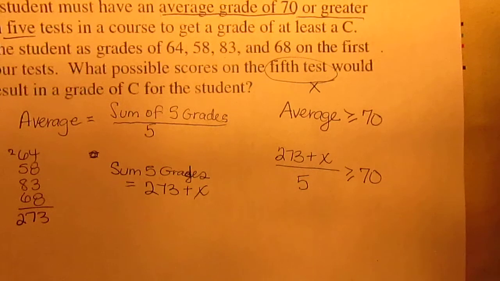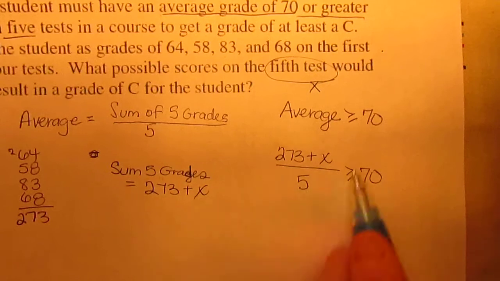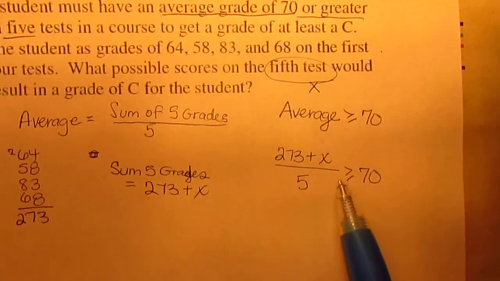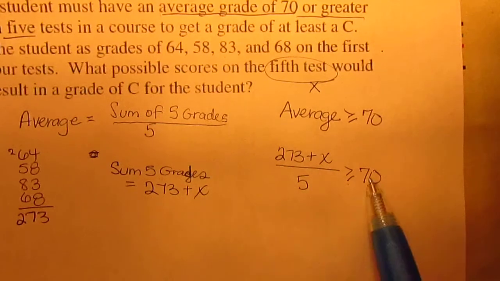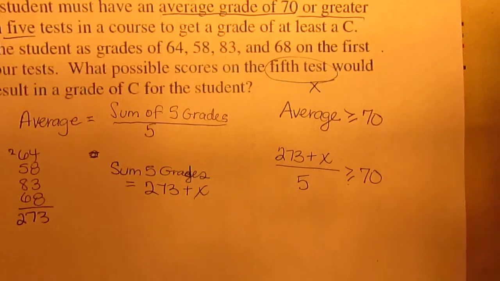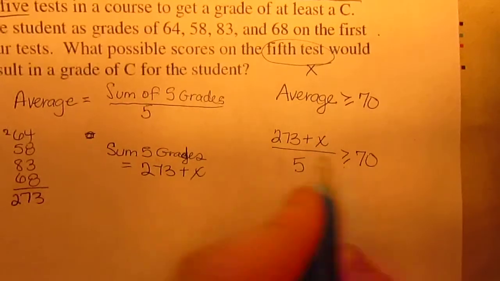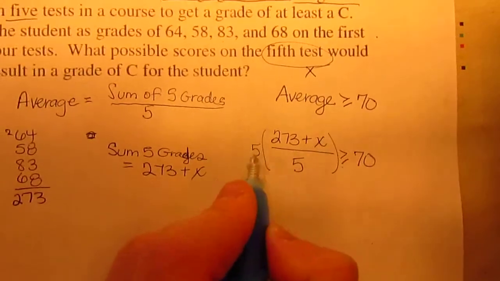So what we're doing here is we're solving for X such that this equation is true. Of course, we'll have a minimum grade that the student needs. If they get anything bigger than that, then their value will be larger than 70. In order to solve this, let's multiply both sides by 5.